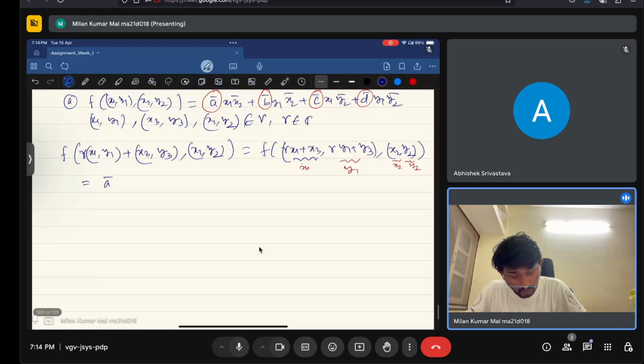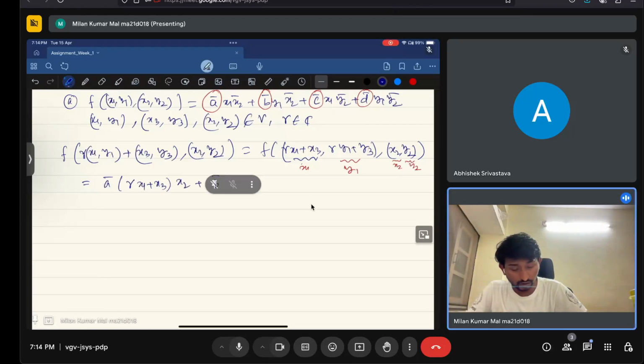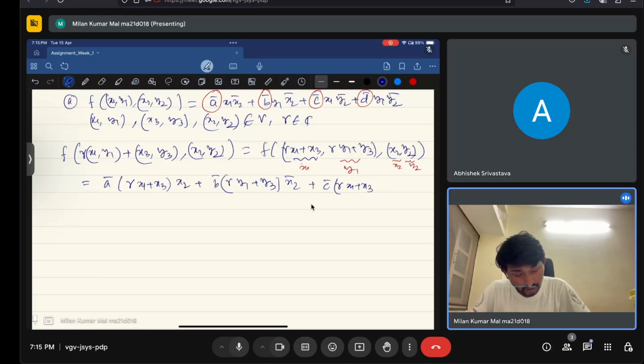So now a bar; in place of x1 I will replace gamma x1 plus x3, and x2 is as it is, plus b bar into y1, where y1 is now gamma y1 plus y3, into x2 bar, plus c bar times x1, that is gamma x1 plus x3, into y2 bar, plus d bar y1 y2 bar.